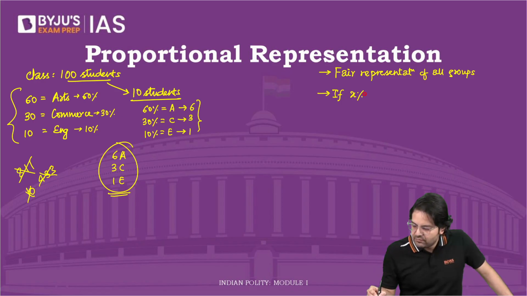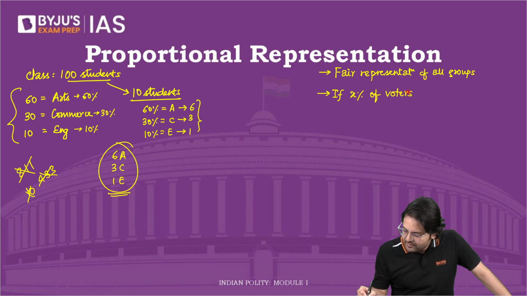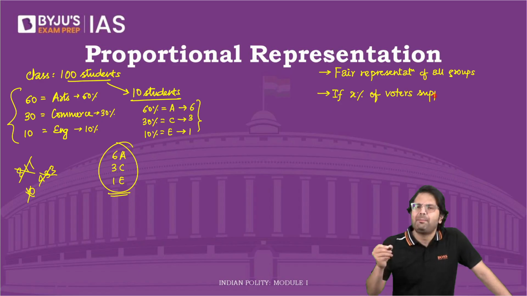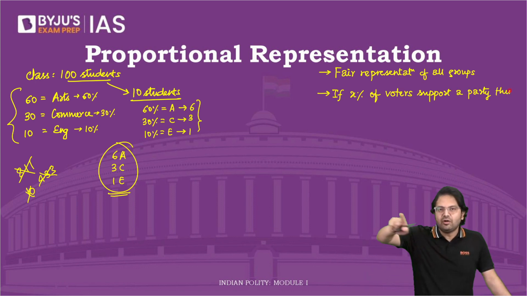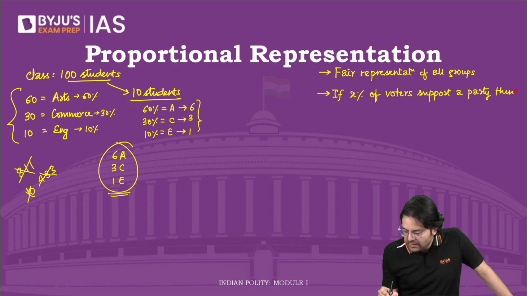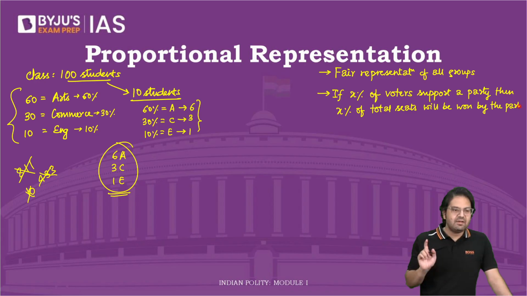If X% of voters support a party, let's assume now a party, then X% of total seats will be won by the party. Are we clear so far?